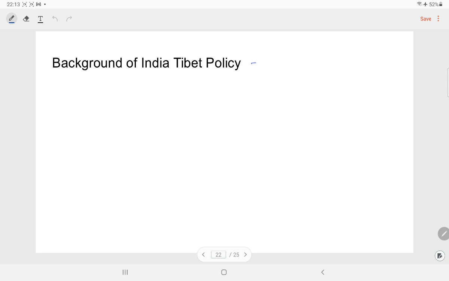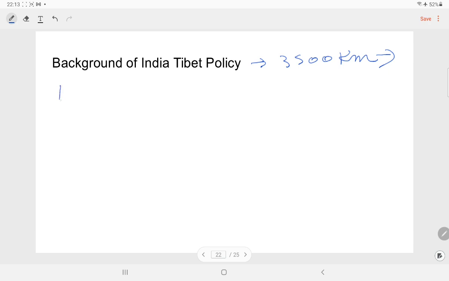For centuries, as I have discussed, Tibet was India's actual neighbor, and India shares about 3500 kilometers of LAC with the Tibetan Autonomous Region. India previously used to share a boundary with Tibet only and not with China.